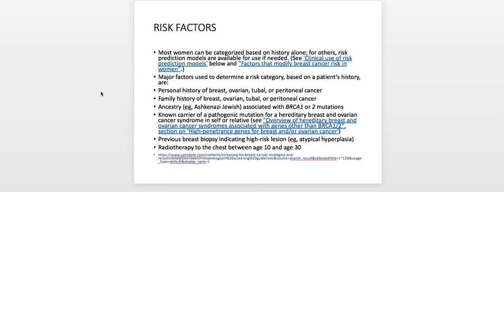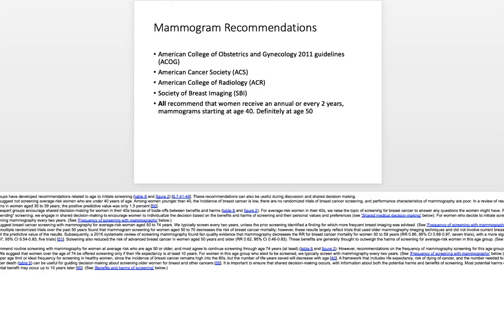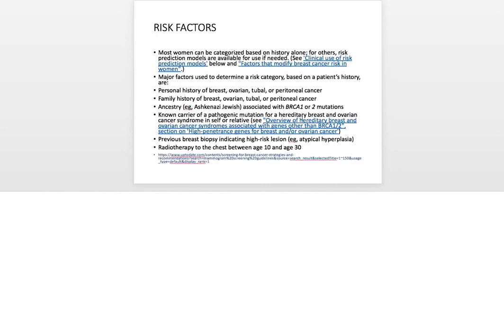Major factors in patient history are personal history of breast, ovarian, tubal, or peritoneal cancers, family history of those, your ancestry, which is Ashkenazi Jewish, or anything related to BRCA1 or BRCA2 mutations. There is some higher-risk ancestry associated with that. And is there anybody who's a known carrier of one of those pathogenic mutations?